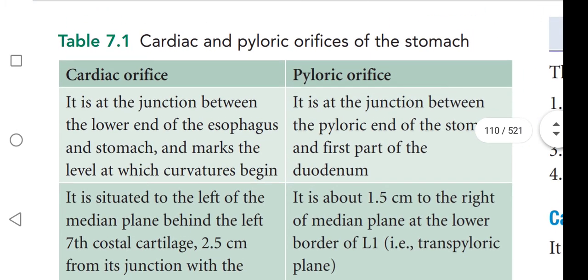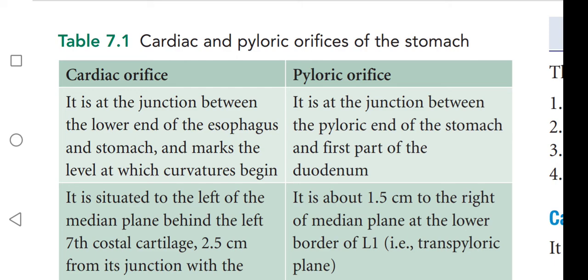This table shows the differences between the cardiac and pyloric orifice of the stomach. First, cardiac orifice. It is present at the junction between the lower end of the esophagus and the stomach and marks the level at which curvature begins. Next, pyloric orifice.